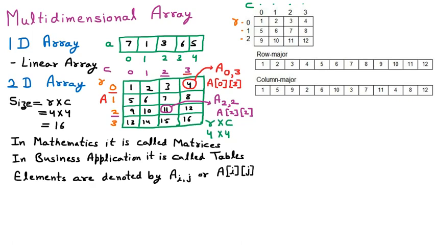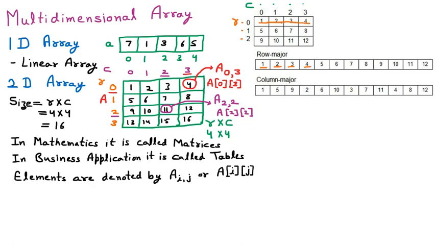So first of all we are taking 1 here, then 2 is coming here, then 3, then afterward 4. So 4 is traversed.